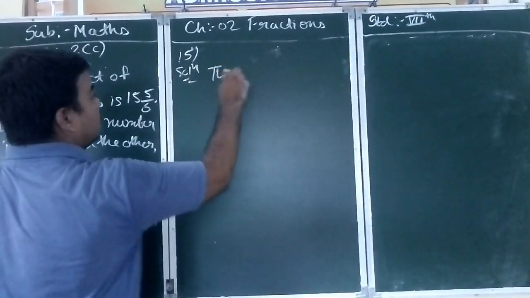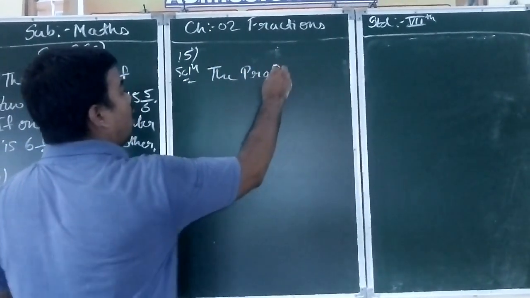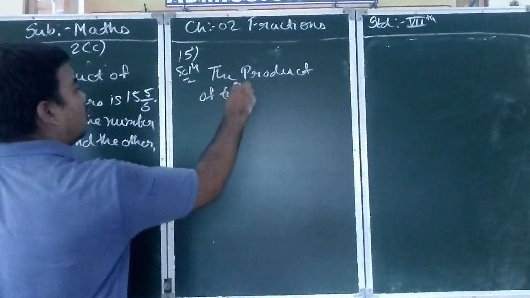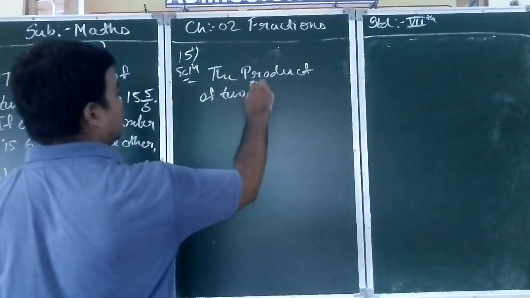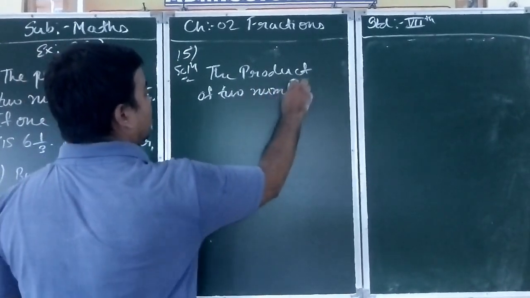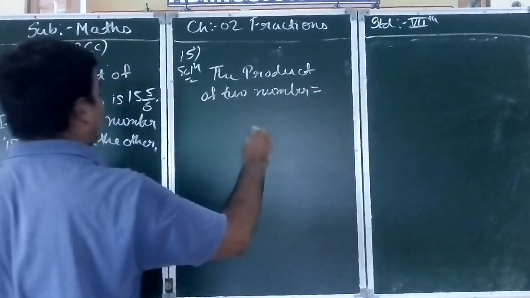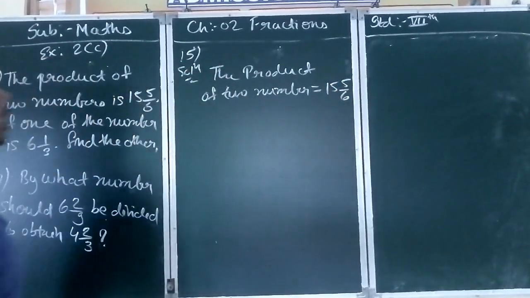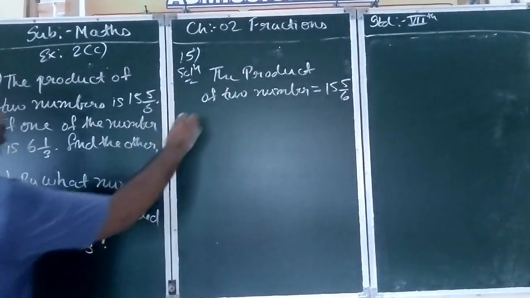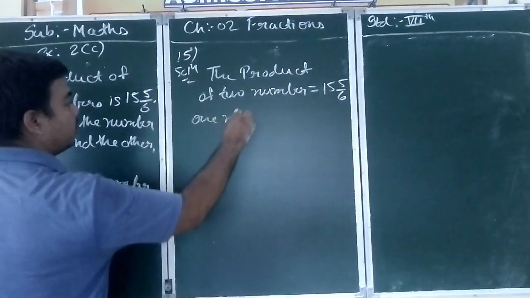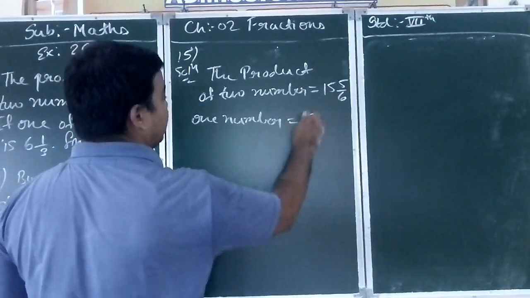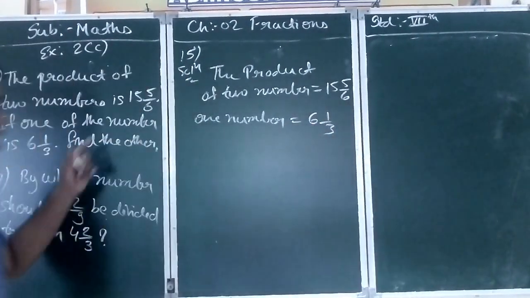The product of two numbers is equal to 15 5/6. Then one number is given, 6 1/3. Find the other.